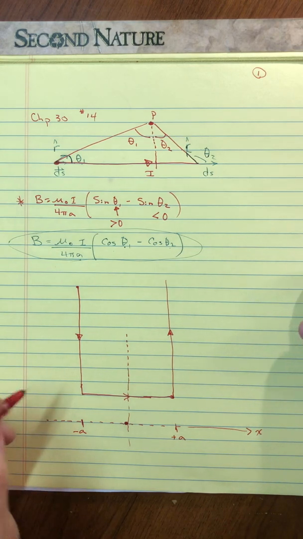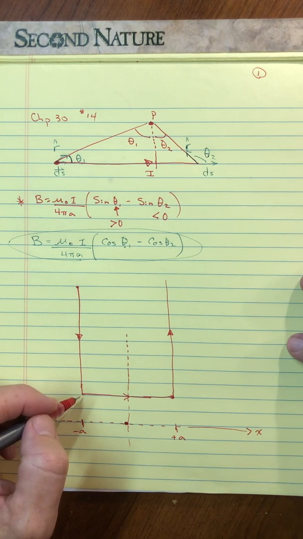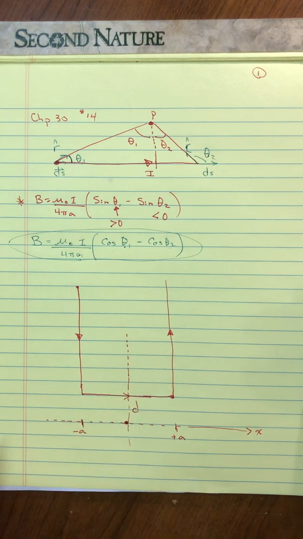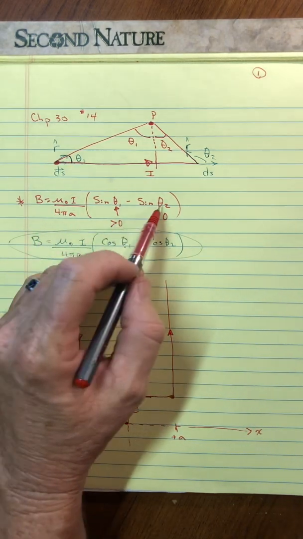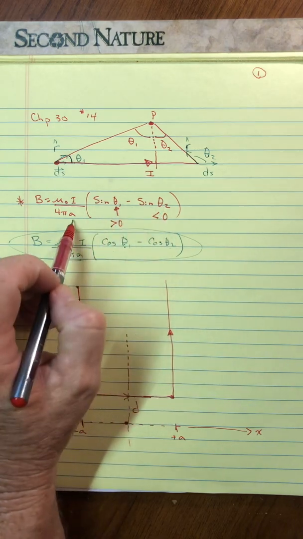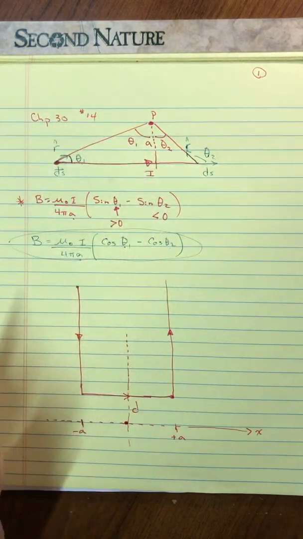And then this distance here they label as d. Now, I should be careful back here with this original equation. I focused on what the angle was, but remember A is the distance away.